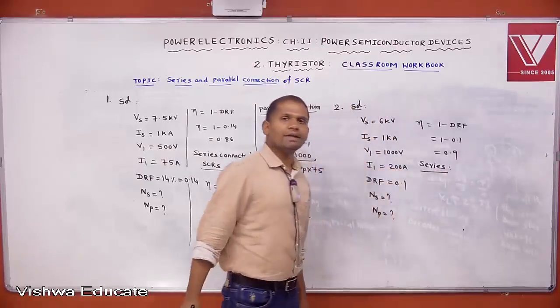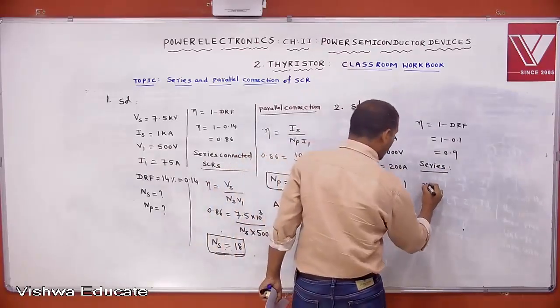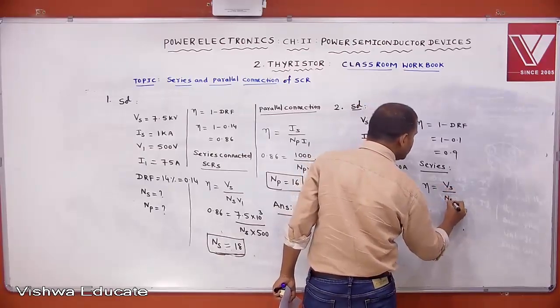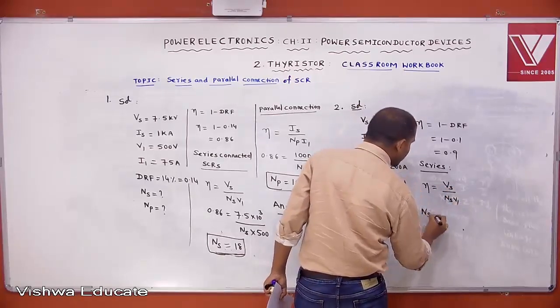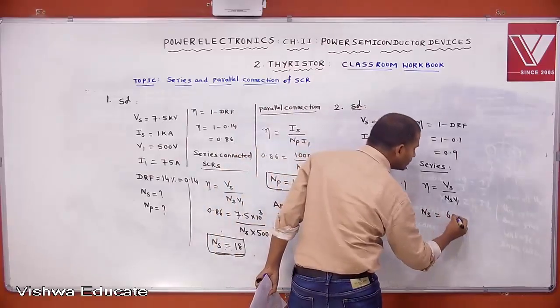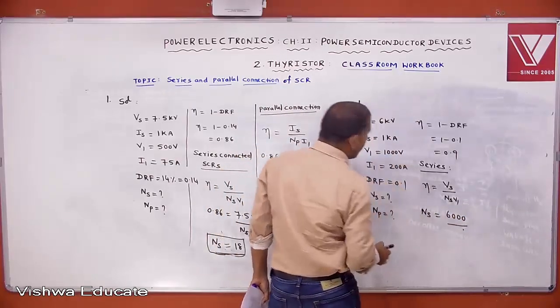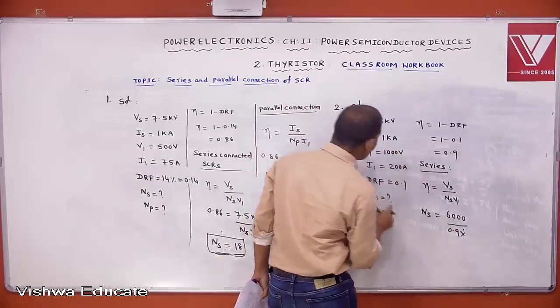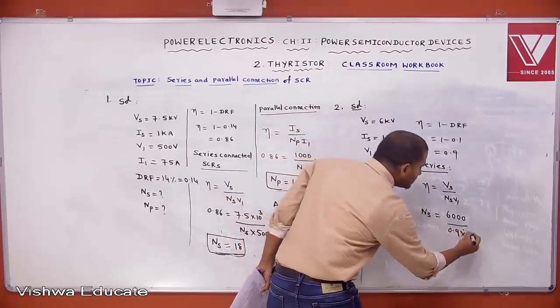First I want to calculate for series connected SCRs. How to define string efficiency? Vs by Ns times V1, where Ns is the number of series connected SCRs. Total string voltage Vs is 6000. The string efficiency is 0.9. V1 is given as 1000.